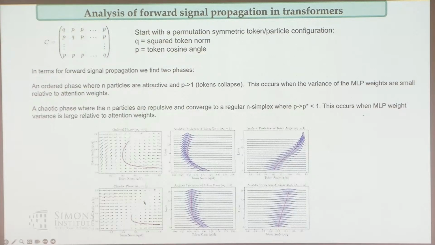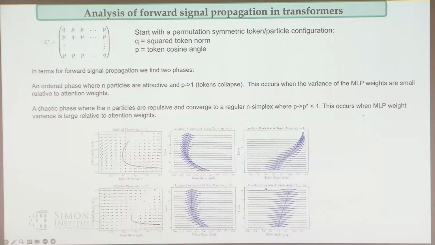And a new fixed point appears that has a cosine angle that's not equal to 1, okay? And it's the only stable fixed point in the system. So the dynamics converges to this stable fixed point. And you can see that here, right? Here you saw that the token angle converges to 1. Here the token angle converges to something that's not equal to 1, corresponding to a non-collapsed simplex. And again, theory and experiment match here.